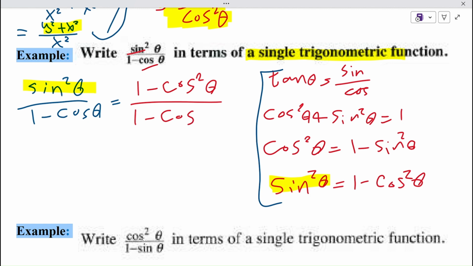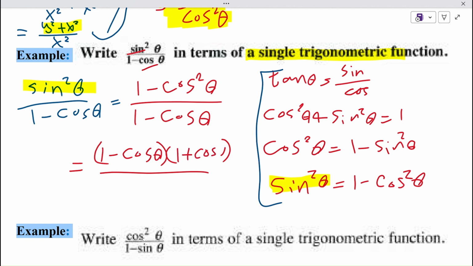How? Guys, 1 minus cosine square theta, you can write it with 2 brackets. We have learned this from the first course. 1 minus cosine theta, 1 plus cosine theta, over 1 minus cosine theta. We can cancel 1 minus cosine.